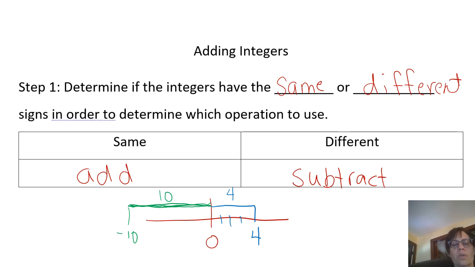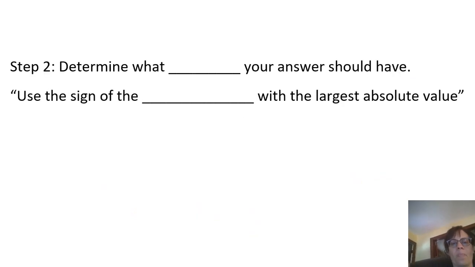So notice what absolute value really means. It means ignore the sign. So when you look at these problems and you're thinking same sign, different sign, am I going to add or subtract, ignore the symbols when you do that. Step 2 then is going to be to determine what sign your answer should have.